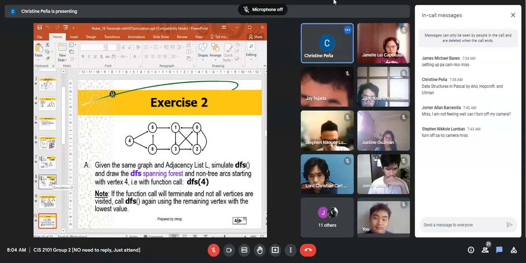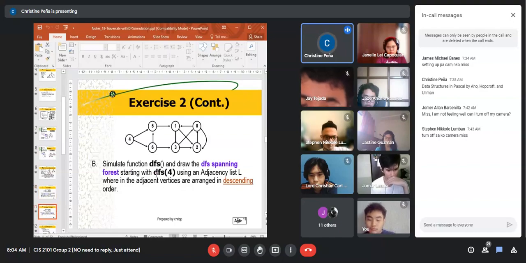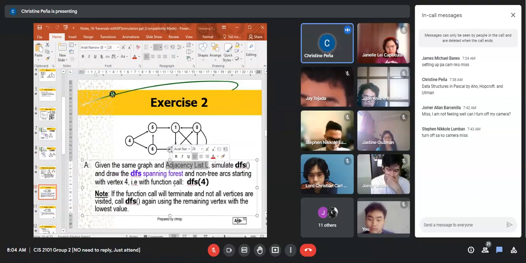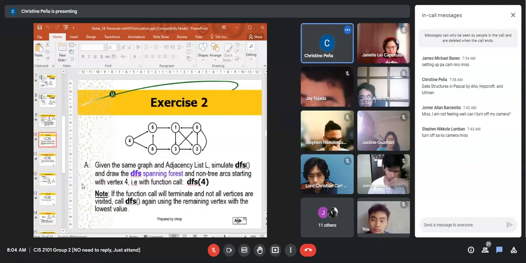Okay. This is another exercise. So there are 2 exercises. The first one is the adjacency list arranged in ascending order and then start with DFS 4. The second is DFS 4 again but in descending order.